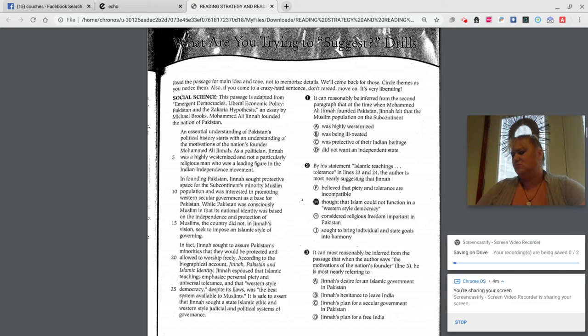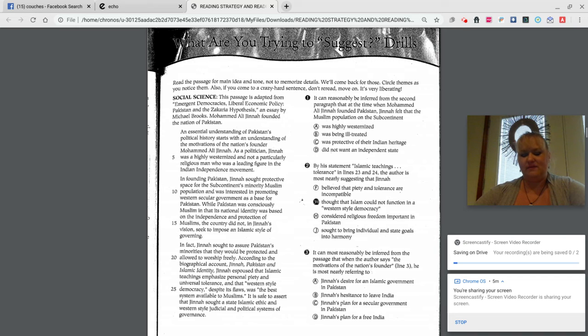Okay, so it can reasonably be inferred from the second paragraph that at the time when Muhammad Ali Jinnah founded Pakistan, Jinnah felt that the Muslim population on the subcontinent was. So it says in the second paragraph that Jinnah sought protective space for the subcontinent's minority Muslim population. So we're going to use process of elimination.